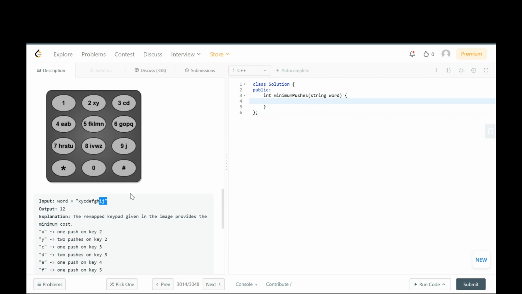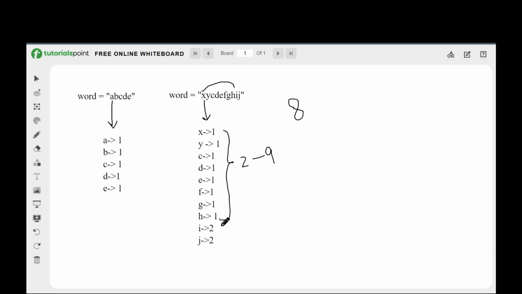Then in the third cycle, after the next batch of 8 elements, we will fill the third position of every digit. For all the next sets of 8 characters, we add them in the second position of digits 2 to 9. And at the end we can just return the minimum number of pushes.